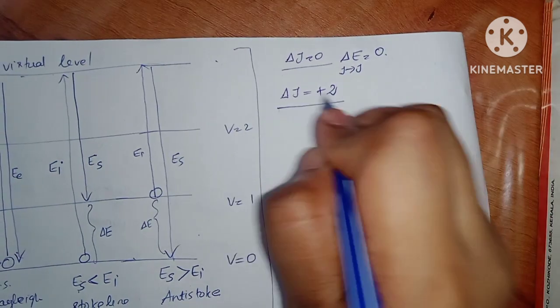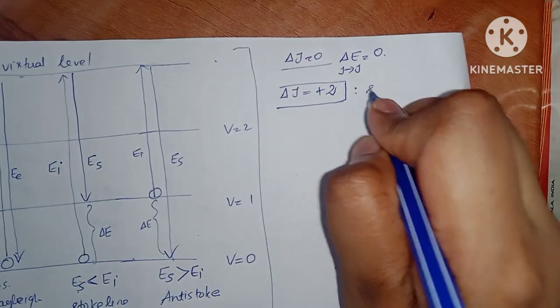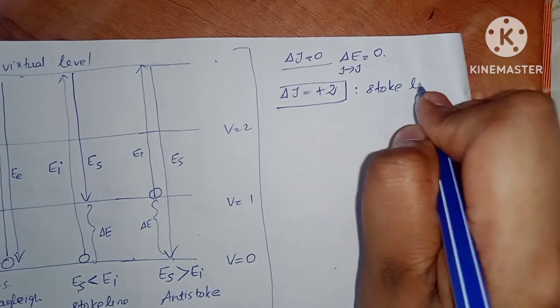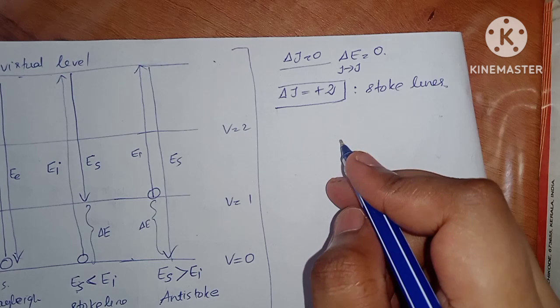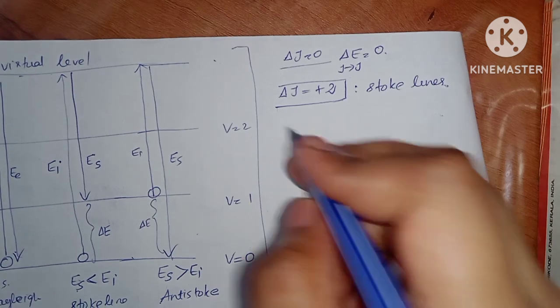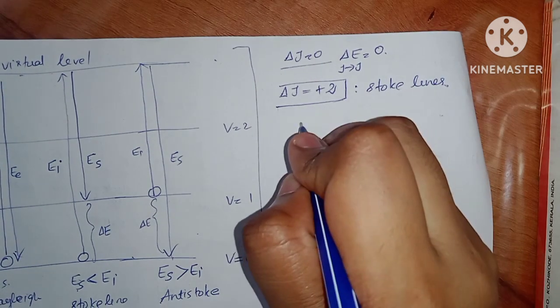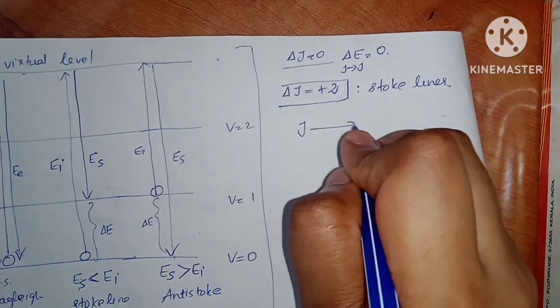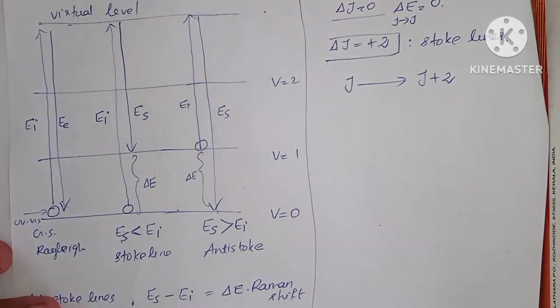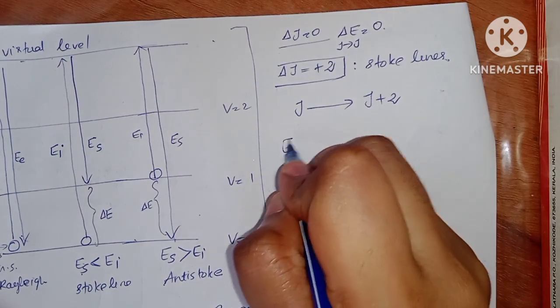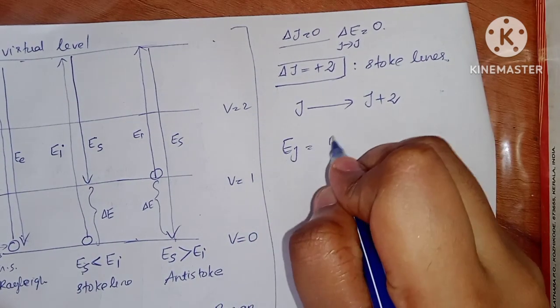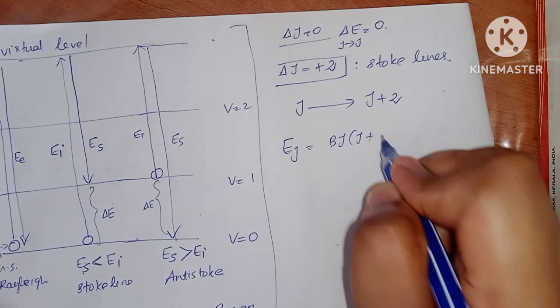And if we are considering delta J equal to plus 2, which gives Stokes lines in the spectra, we have to find what is the energy required for that type of transition. So here we know that the transition is from J to J plus 2. We know that the energy of Jth level, E J, is equal to B J into J plus 1.